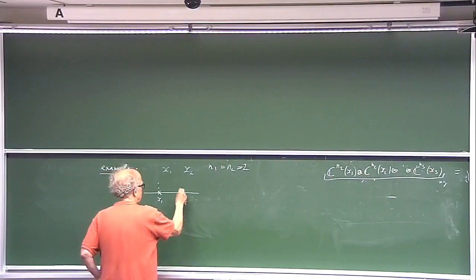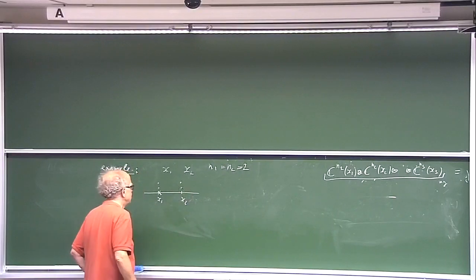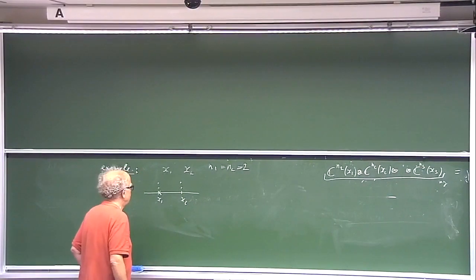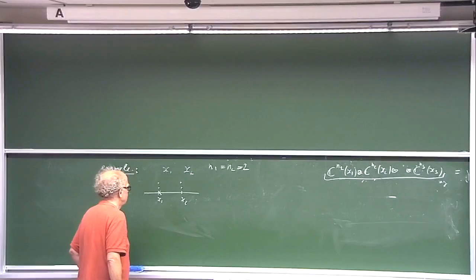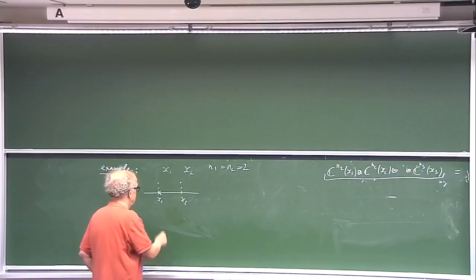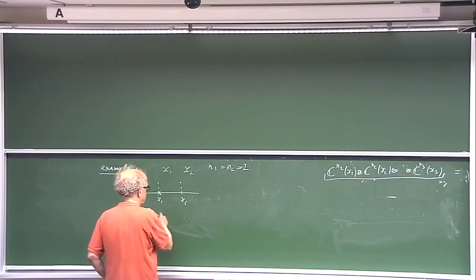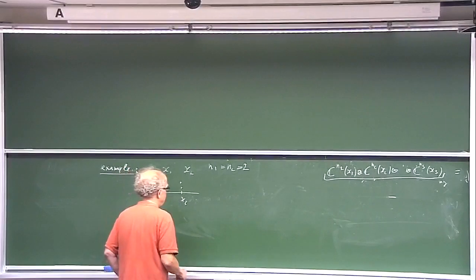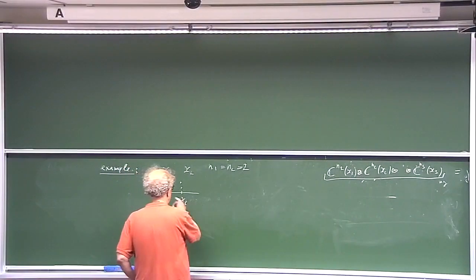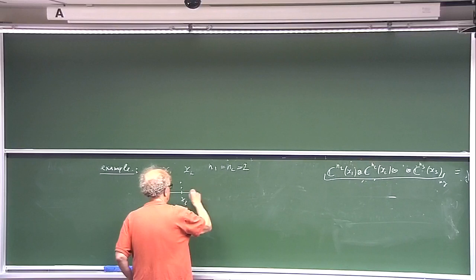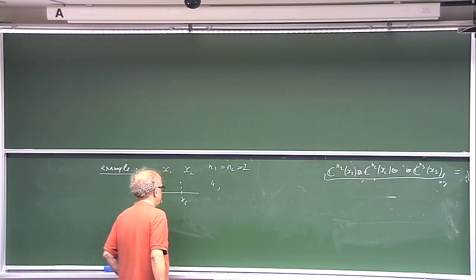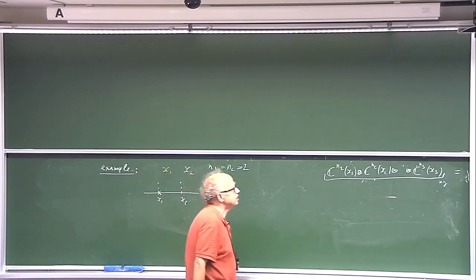In x2 is also sitting a 2-dimensional representation. And then I take the tensor product of these 2-dimensional representations, and it will be something 4-dimensional.